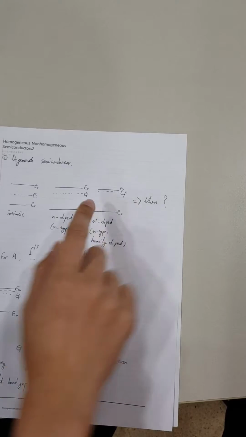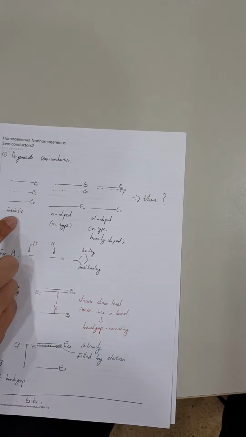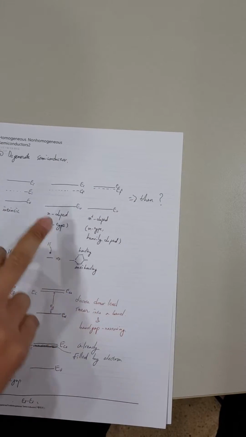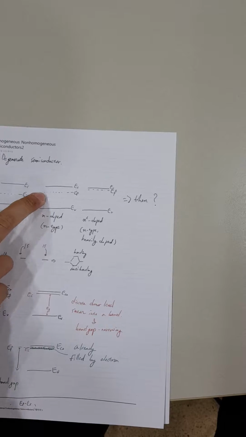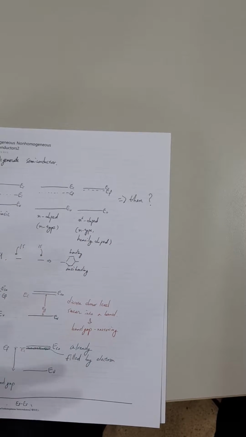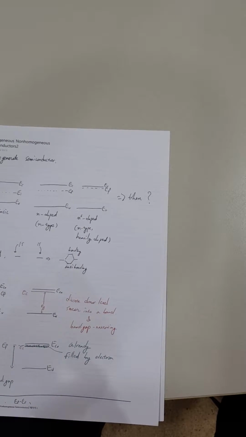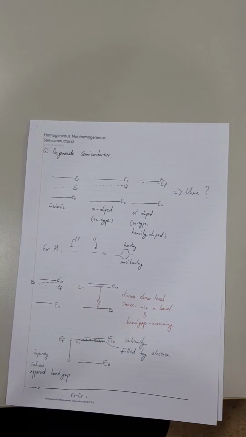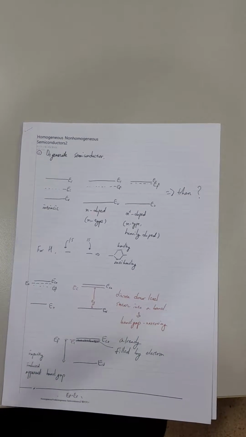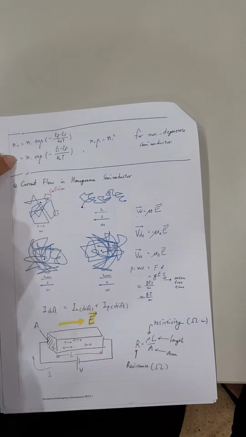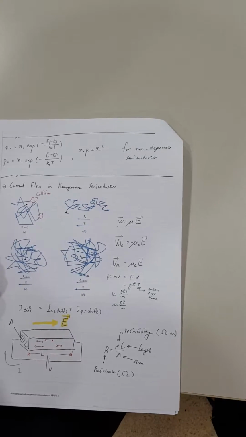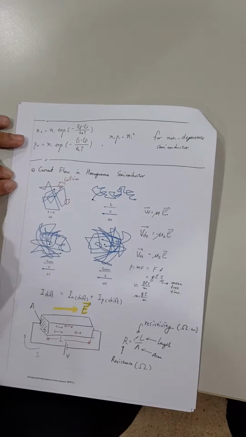As you can see, the more we dope, the closer the Fermi level goes to the conduction band. And this is the equation for non-degenerate semiconductor.